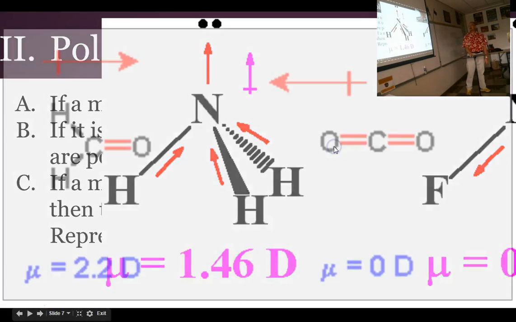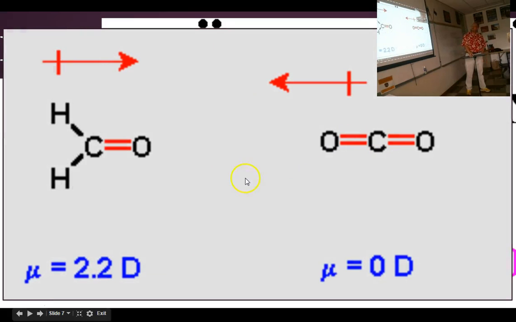Okay. Other examples. Here we have a carbon double bonded to an oxygen. This is fairly non-polar. These two things are really close in electronegativity, but then the hydrogens out here lose the war.